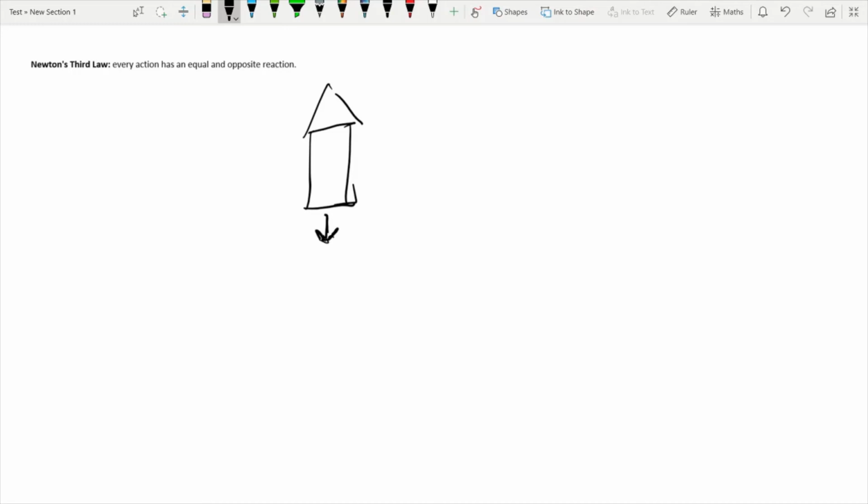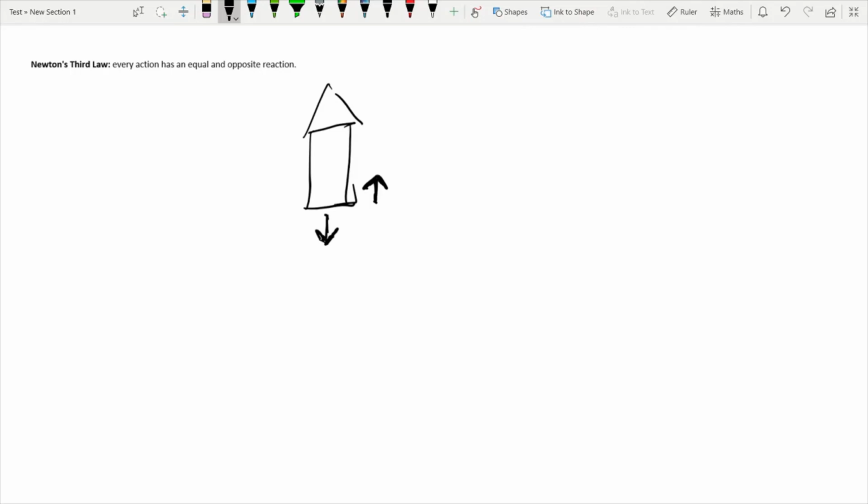And we have an equal and opposite reaction in the opposite direction. So what happens is those exhaust fumes get pushed down, but that pushes the rocket up in an equal and opposite way. So the bigger the force down, the equal size force up again in the same way.